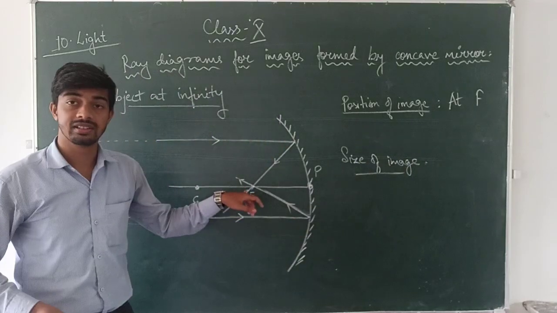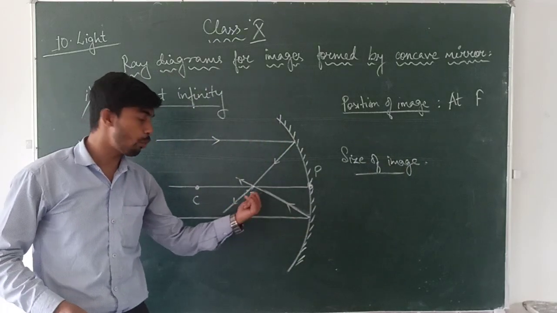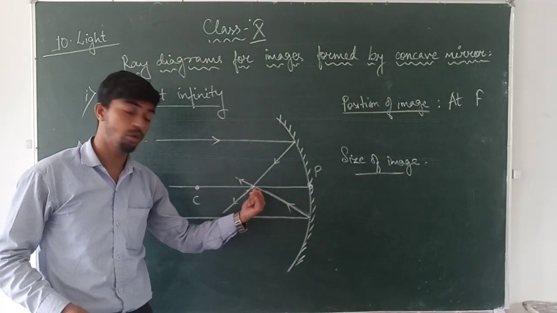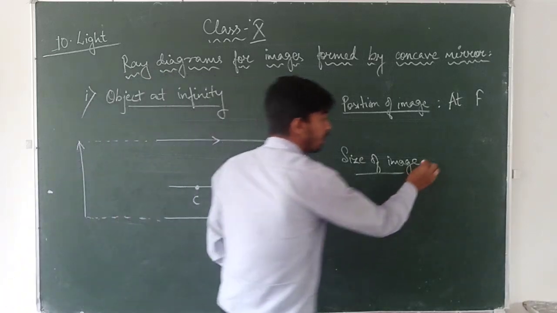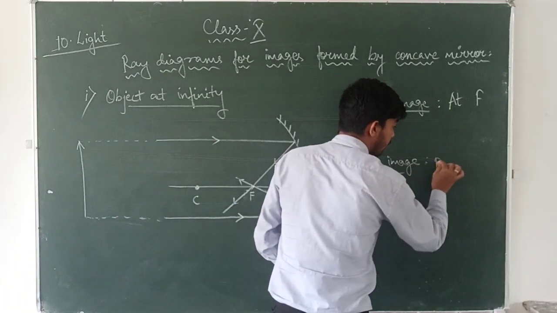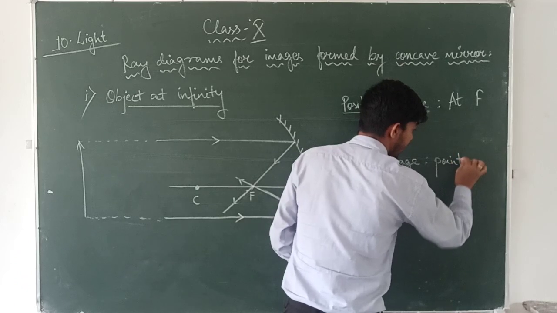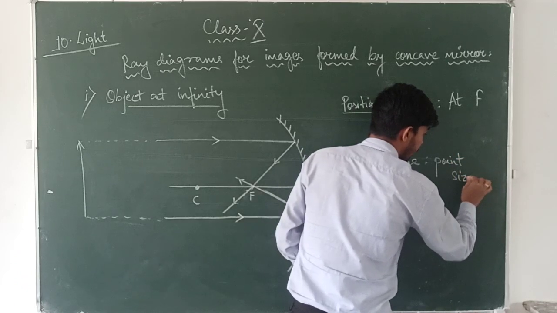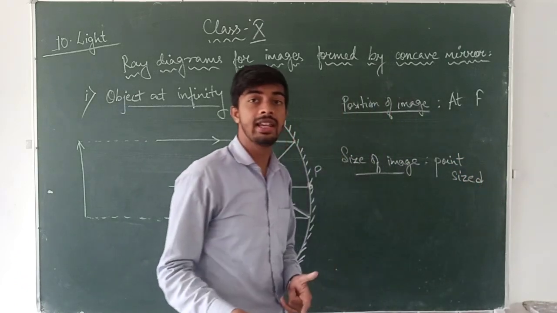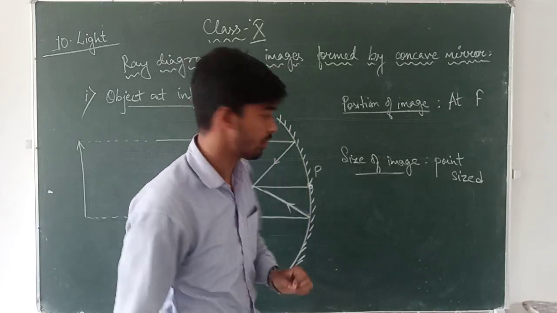In this case, the image is just a point on F. So it is point size. Or we can write highly diminished, very small image.